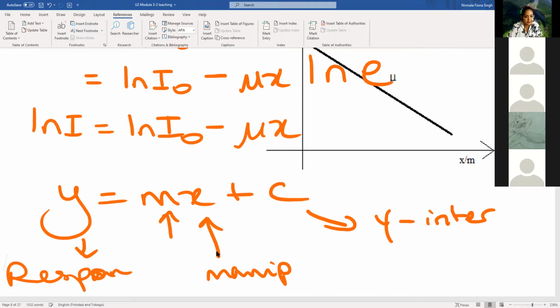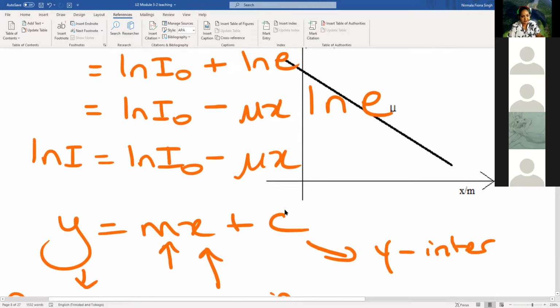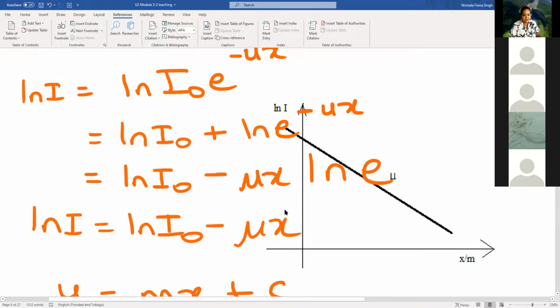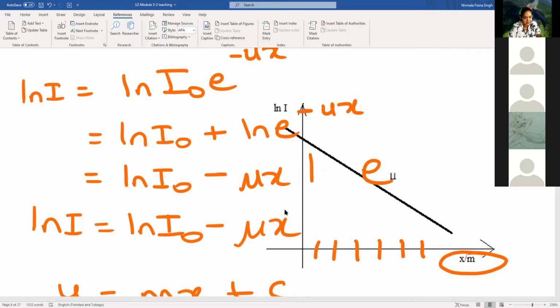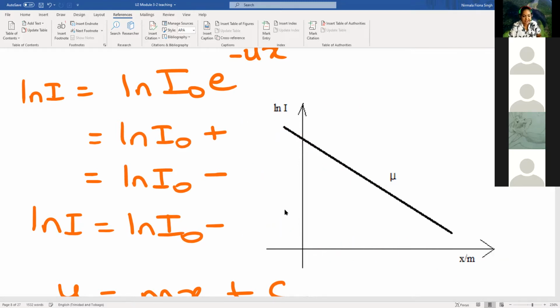responding variable. So if you look here, let's think about it in simple terms. If I were to increase the thickness of my material, let's just use simple common sense here. If I had a thicker material, this is my intensity, ln intensity.